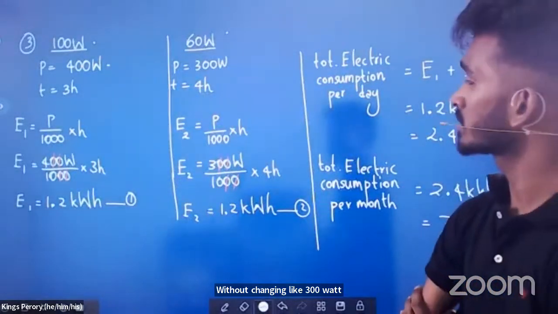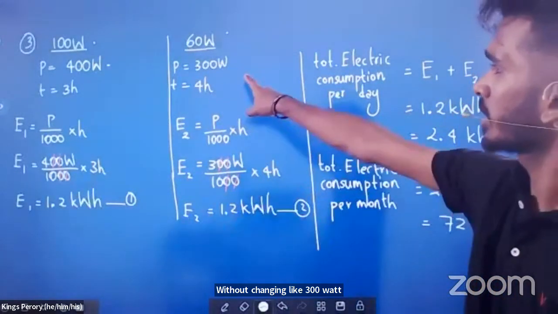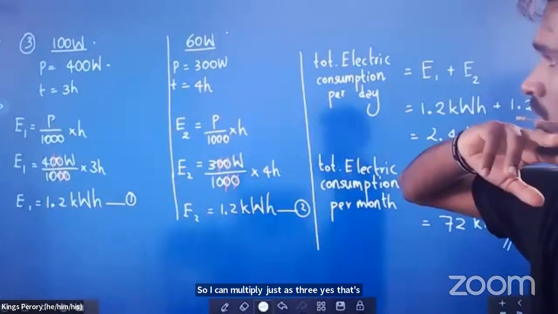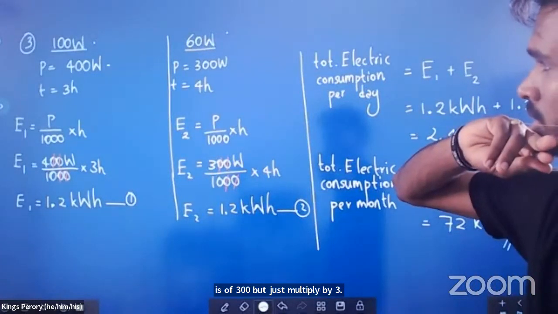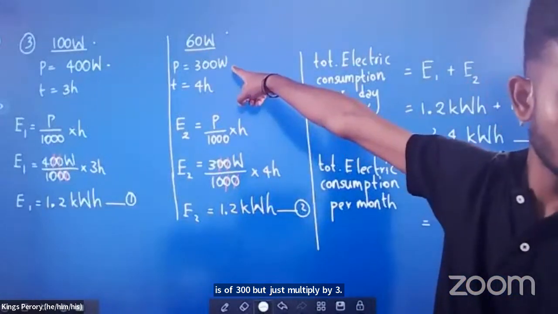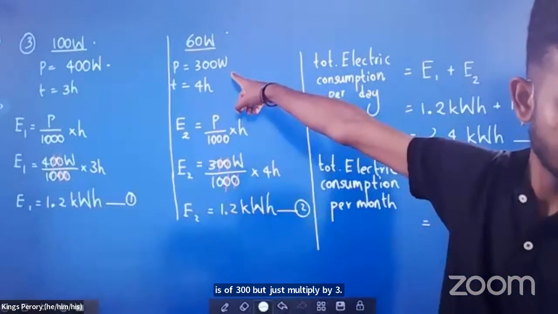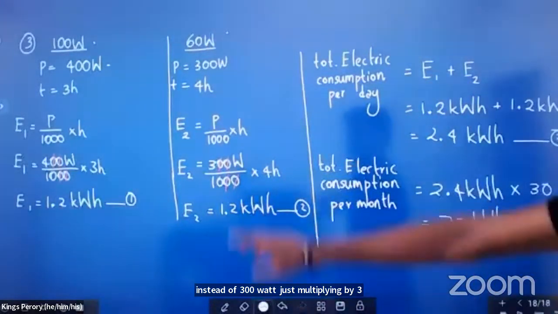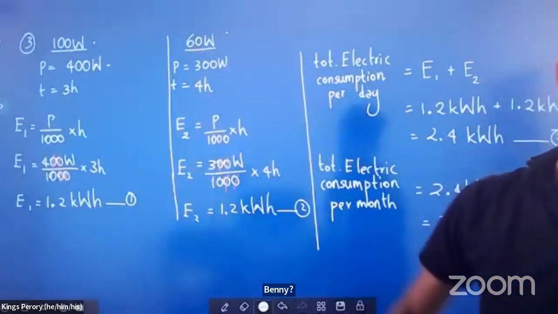Yes, that's instead of 300 watt, just multiply by 3. Instead of 300 watt, just multiplying by 3. Instead of 300 watt, just you multiply by 3. That's correct.